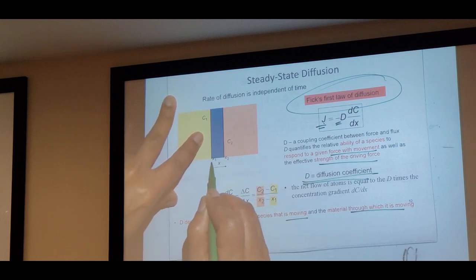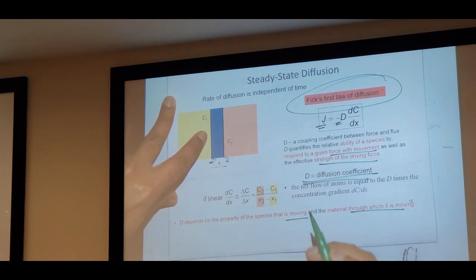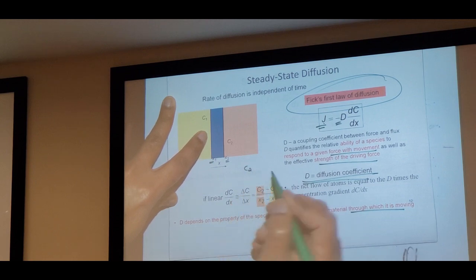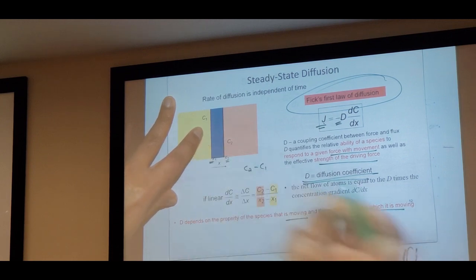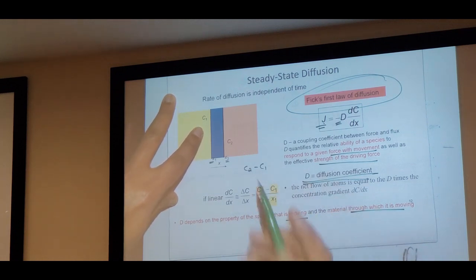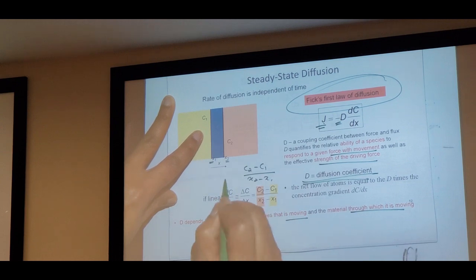And if this location is X1 here and X2, we can write it as the difference in the concentration, C2 minus C1 or C1 minus C2. You are considering only the difference. Either it can be C2 minus C1 or C1 minus C2 over X2 minus X1. That is the dC by dx, concentration gradient.